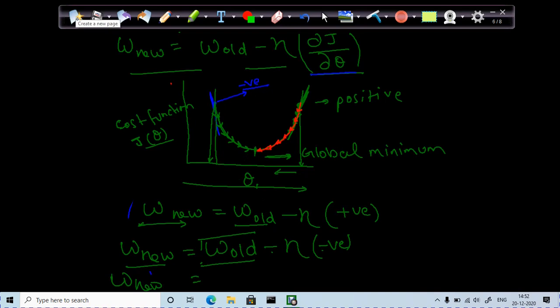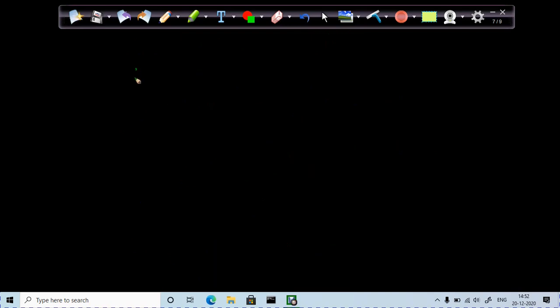Now one more important thing is the learning rate. As I have told you, the learning rate determines the step size that the cost function is going to take.